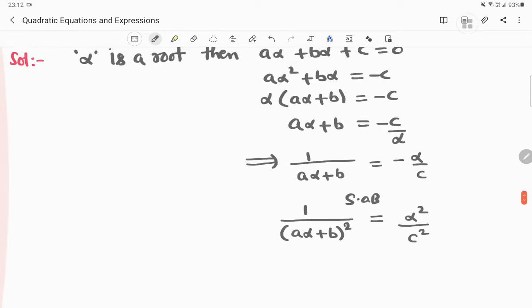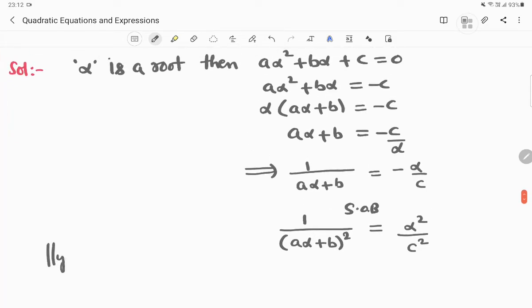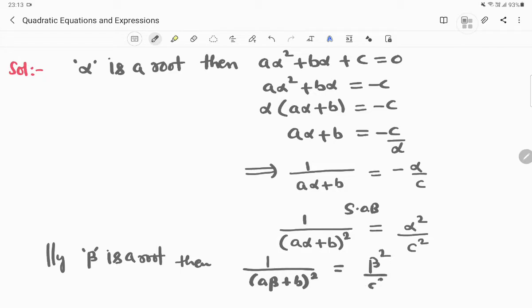Similarly, beta is a root. Then directly I am writing, wherever alpha is there, 1 by (a beta plus b) whole square is equal to beta square by c square.